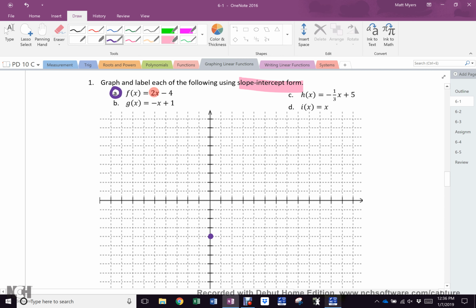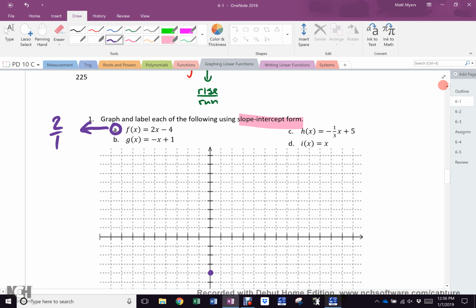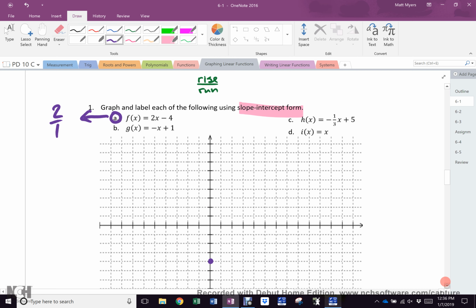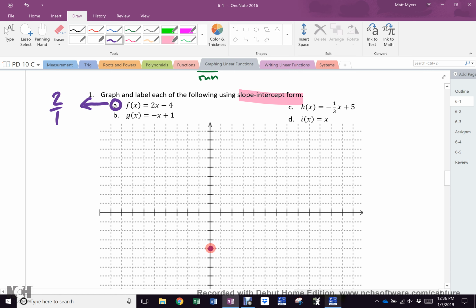How should 2 really be written? 2 over 1. Hey, that's a fraction. On the numerator is the rise. The denominator is the run. So if I rise 2, where should I go?